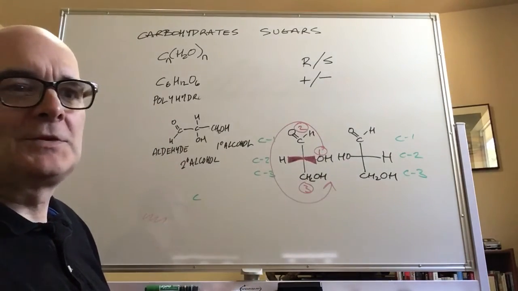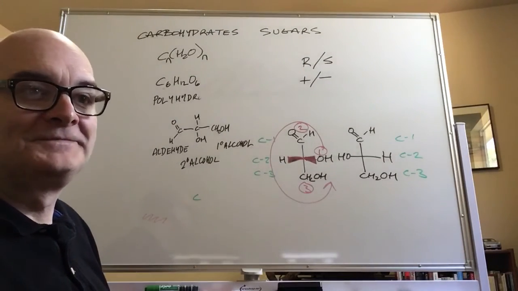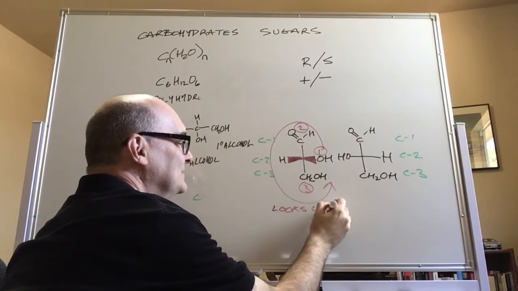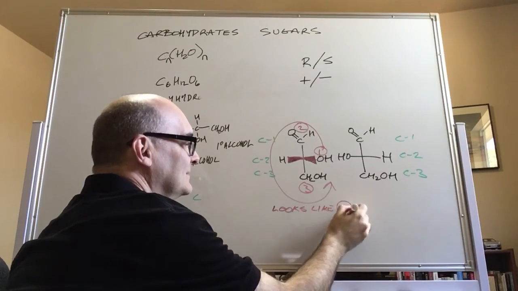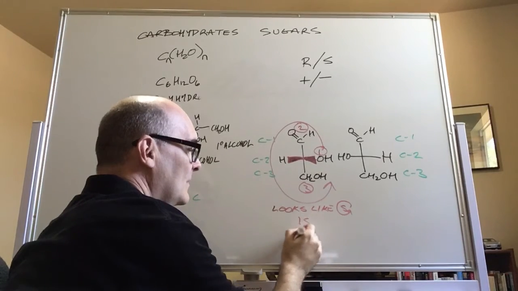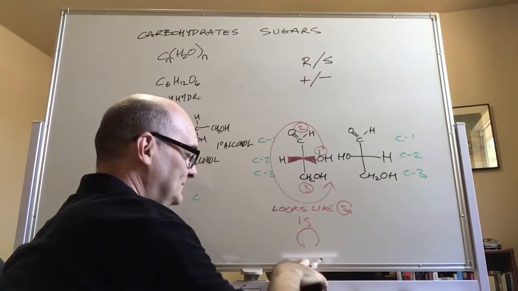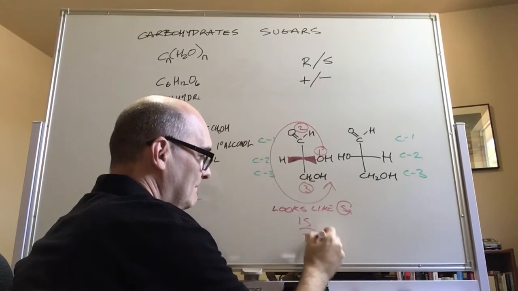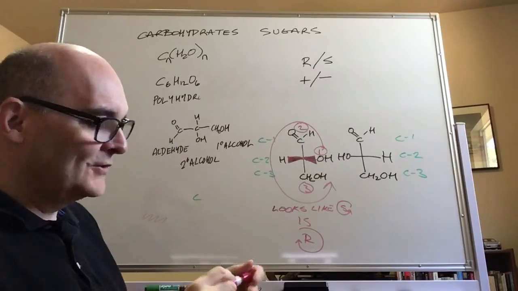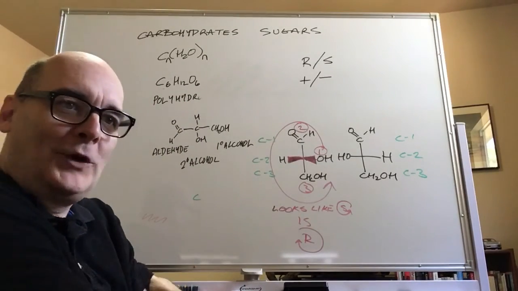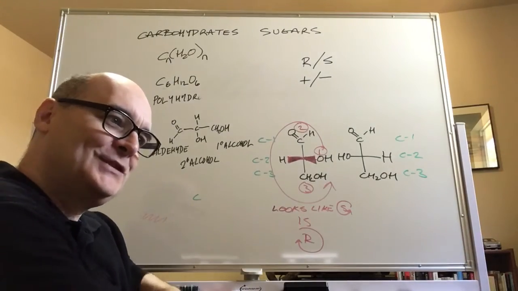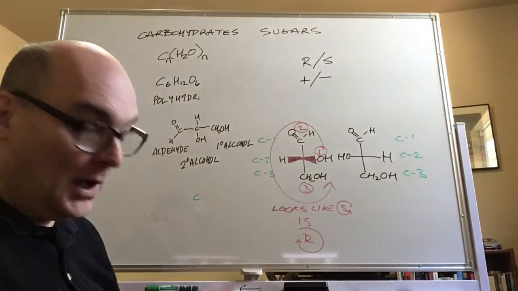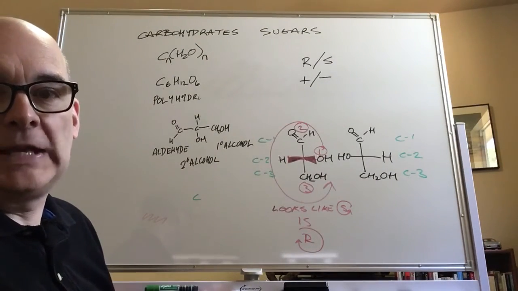No. So it's not an S, it's an R. Because the bond of lowest priority is not pointing away from the viewer in this Fischer projection and will not be pointing away from the viewer in any of our other Fischer projections, because we're going to write them all the same way.